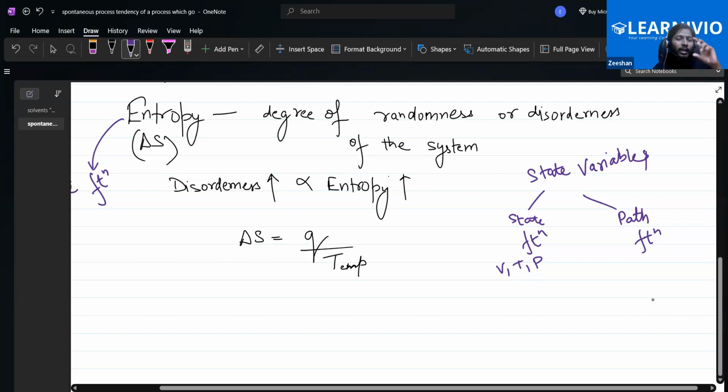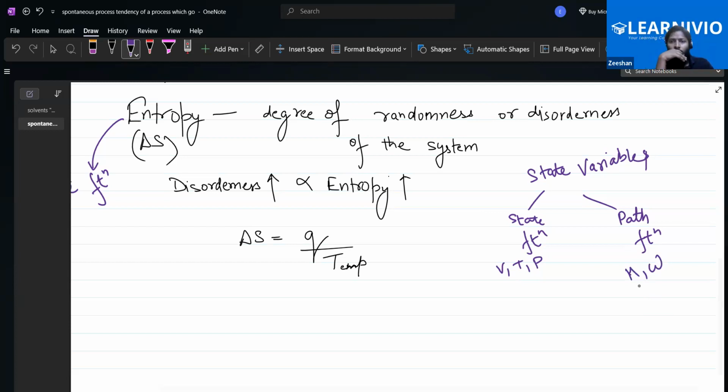So a little problem comes with the path function. The path function depends upon the initial and final state of the system. What do we mean? Like heat or work. For example, we give 20 kilojoule of heat to the system. Just imagine it with your practical knowledge.